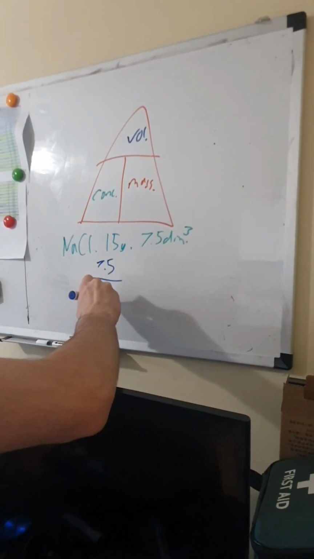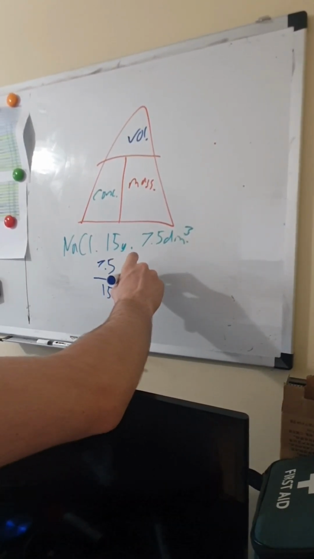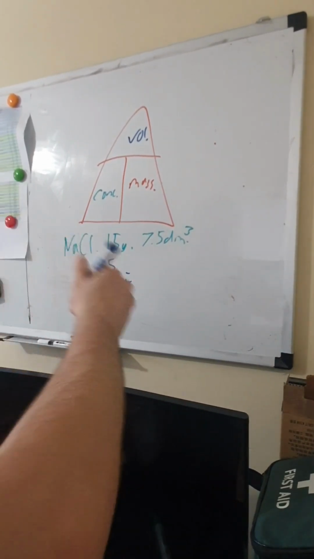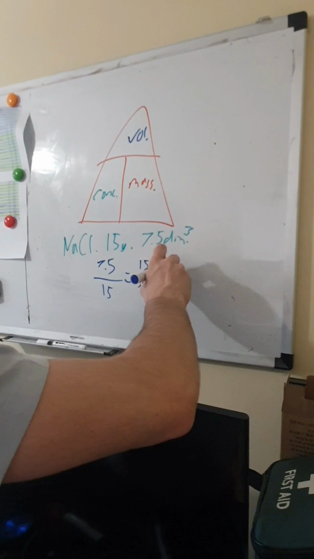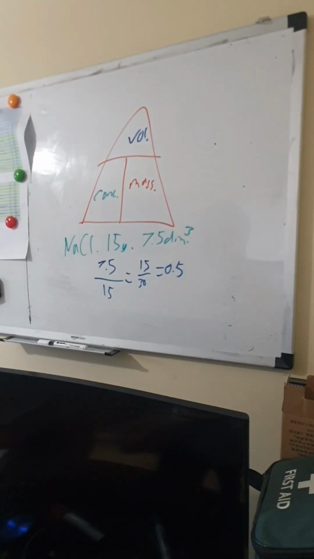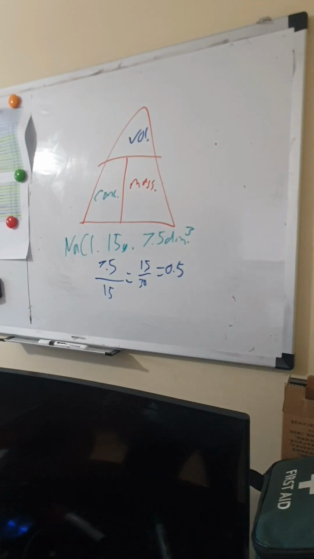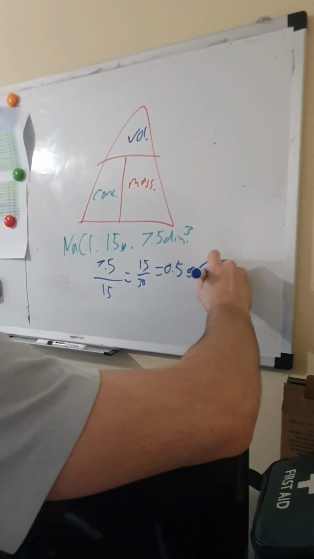over 15, and you can put that into your calculator, but another way you can look at that is it's 15 over 30, and that's 0.5, or you can just know that 7.5 is half of 15. So there we go, we've got 0.5, but are we finished? No, we've got to remember our unit. Our unit is grams per decimeter cubed.